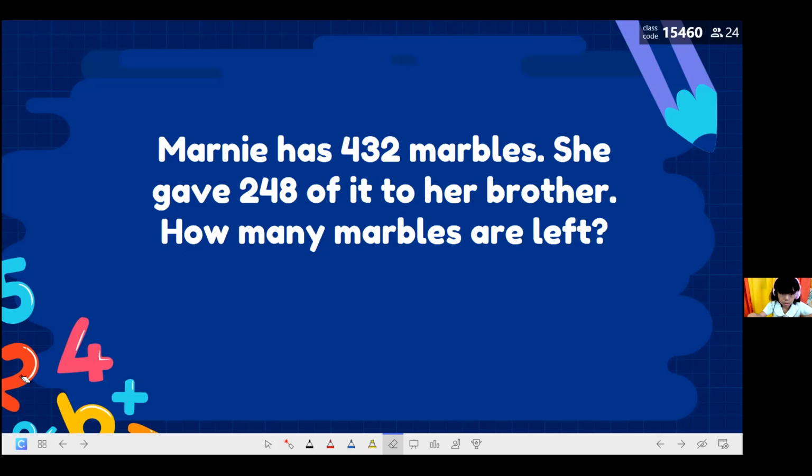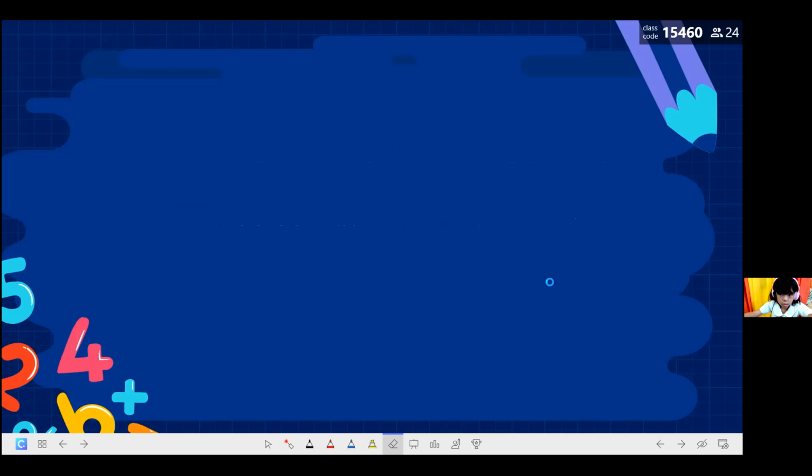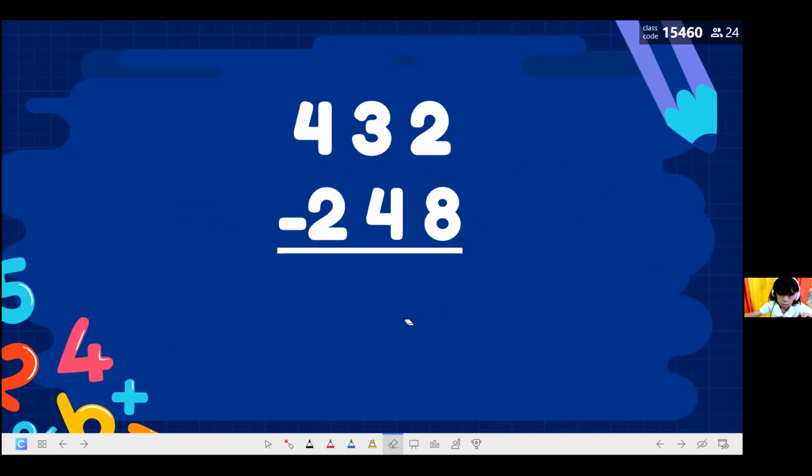What is the first thing to do here to solve? 432 minus 248 equals N. Yes, that is the subtraction sentence. So how do we arrange them? We arrange them by column, according to their place value.